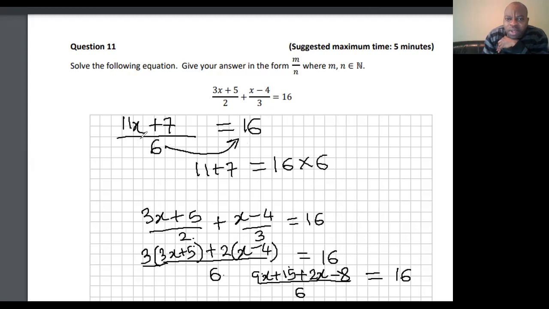When a number is dividing on one side, it goes to the other side multiplying whatever you have there. So we have 11x plus 7 equals to 16 multiplied by 6.